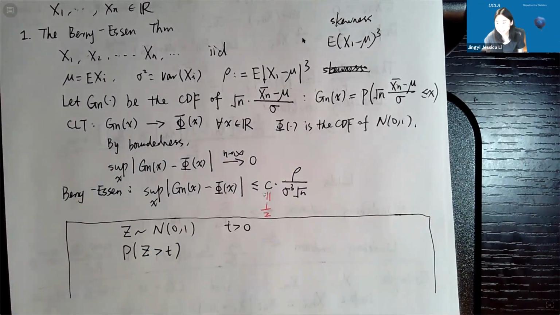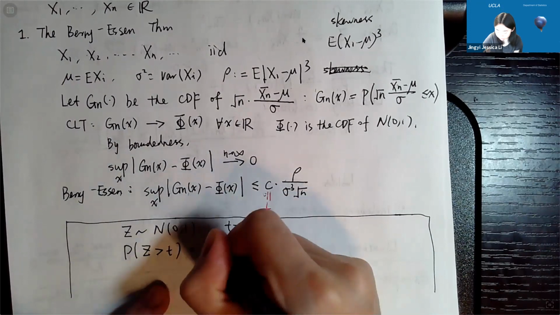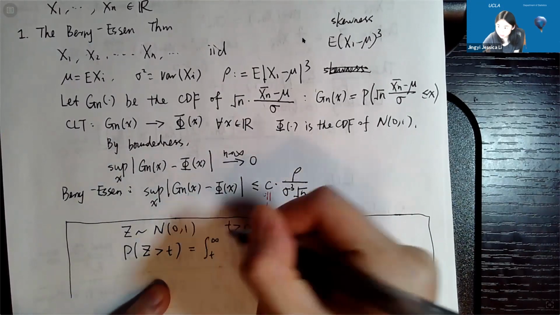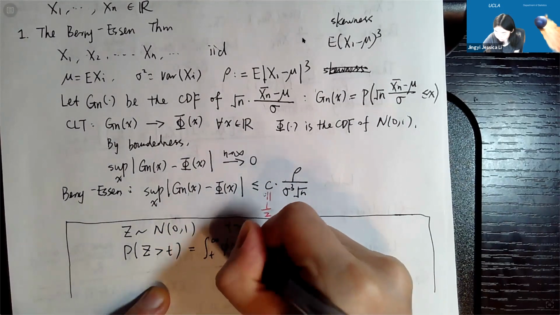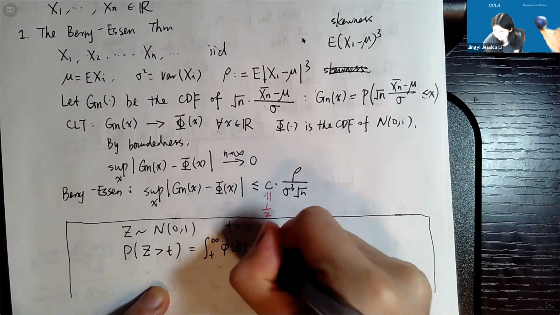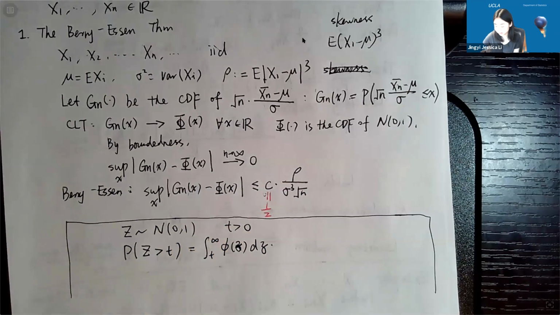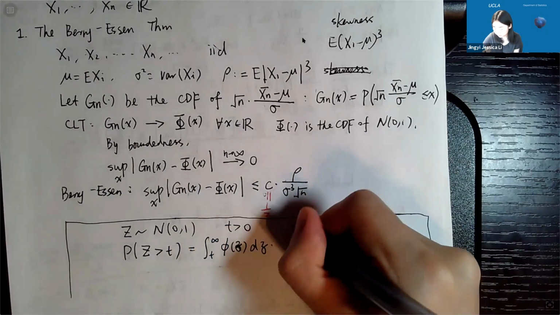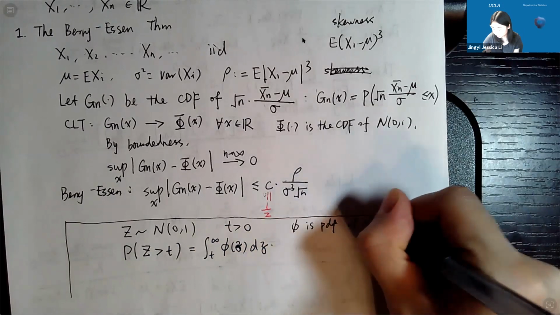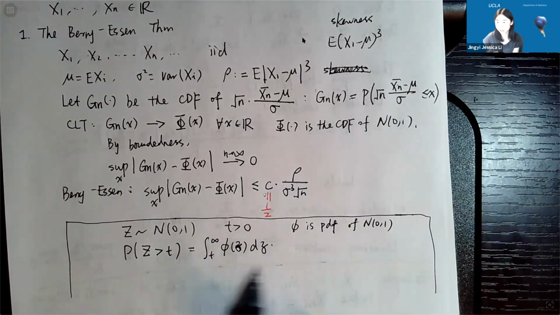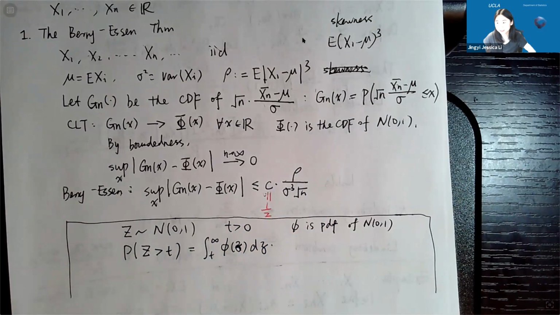Exactly, we need to do the integration, from t to infinity of phi(z) dz, where phi is the PDF, the density of the standard normal. When we want to be exact, we have to do the integration. But this doesn't give us a closed form formula.